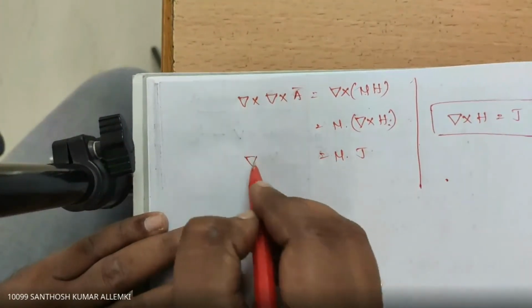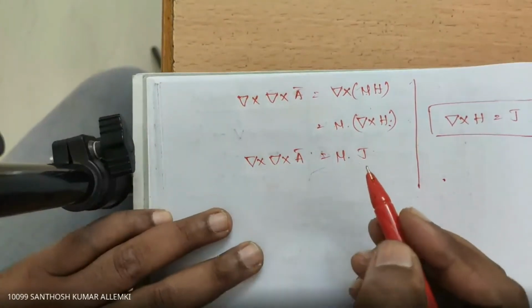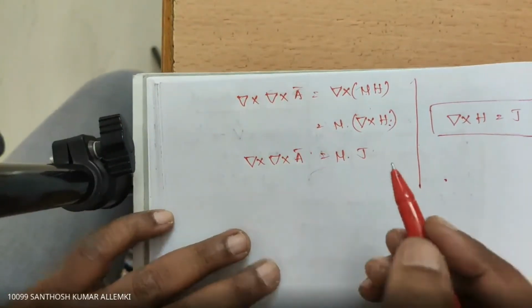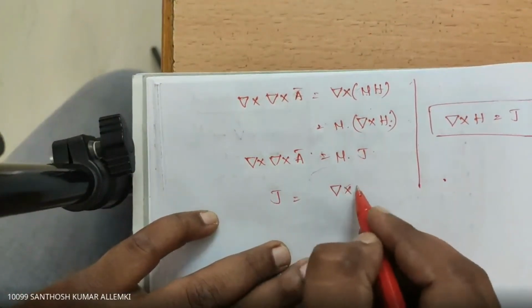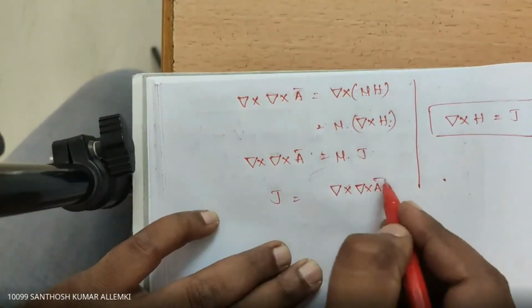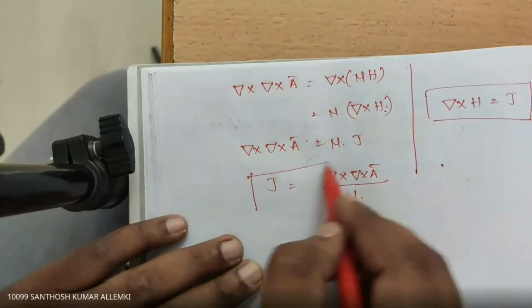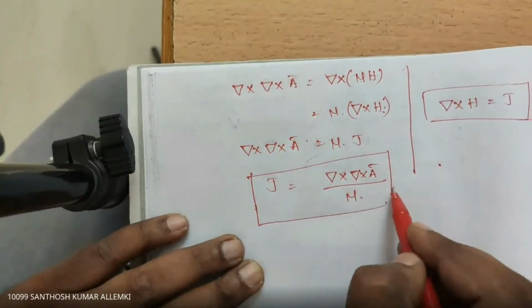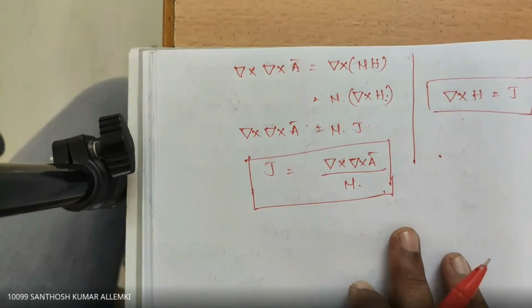And next, for the left side, we are having del cross A bar. That is equal to mu with J. So finally we can write J is equal to del cross A bar by mu. Okay, so this is the current density value for the existence of magnetic potential.